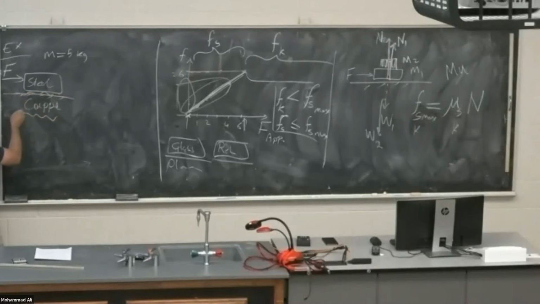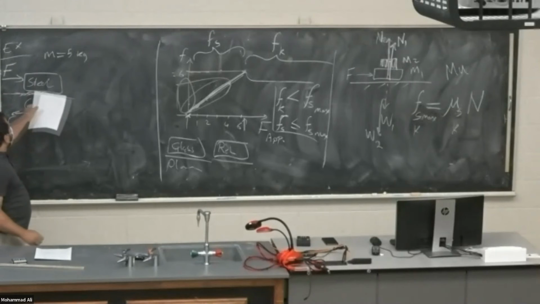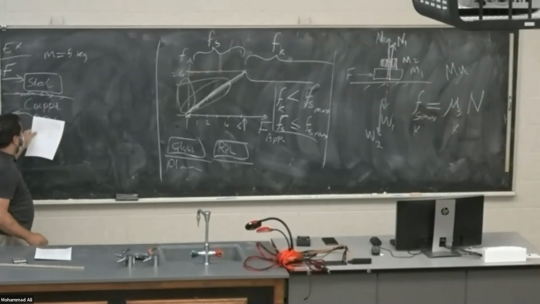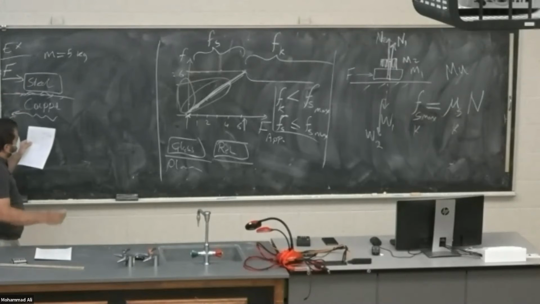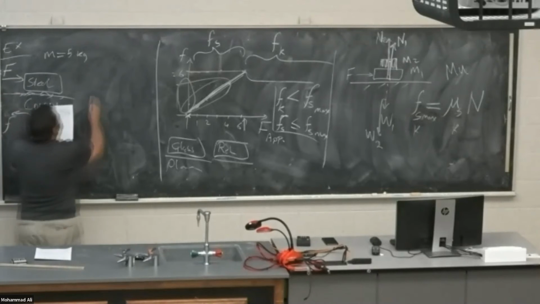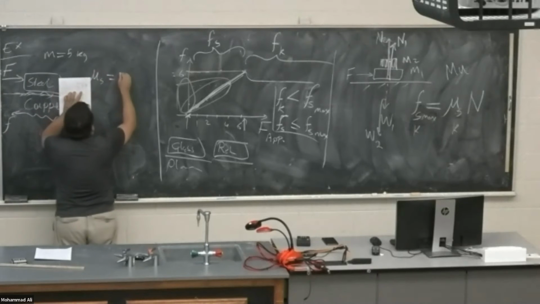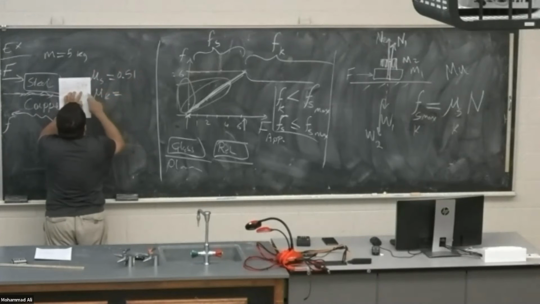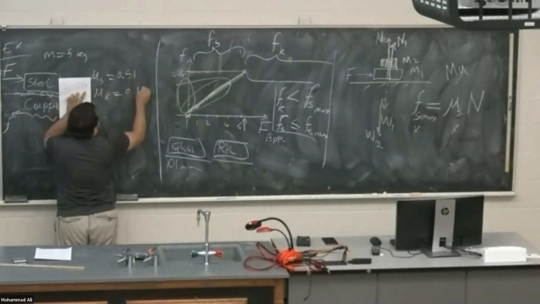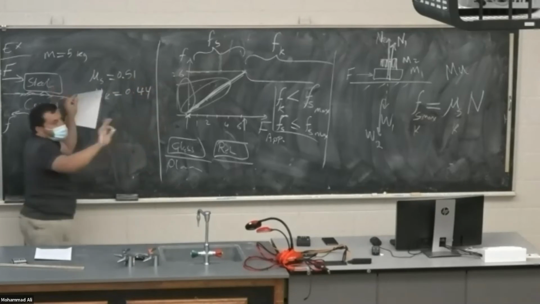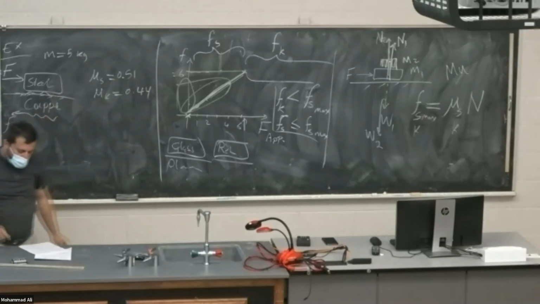So this is the frictional force. We have two surfaces, steel with copper. Where is the copper, on steel or steel on copper? It's the same. Mu s from the table is equal to 0.51. Mu k is equal to 0.44, without units.